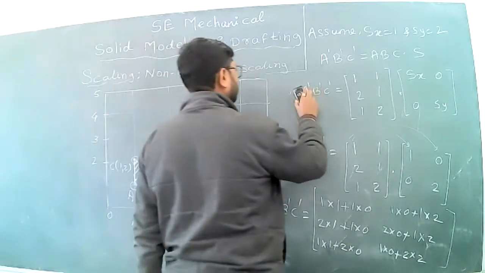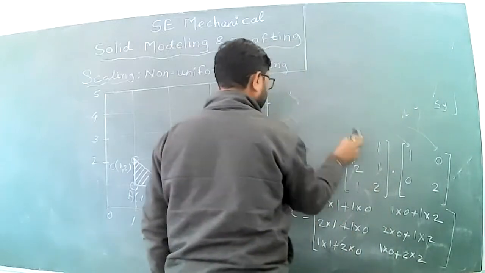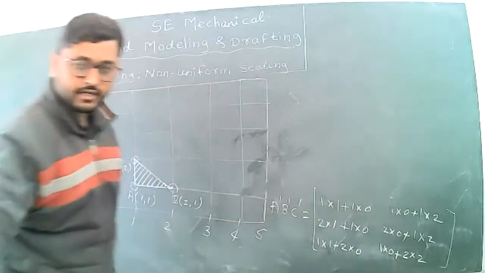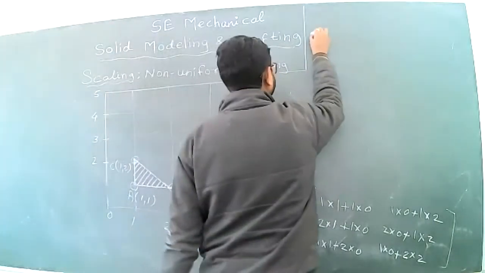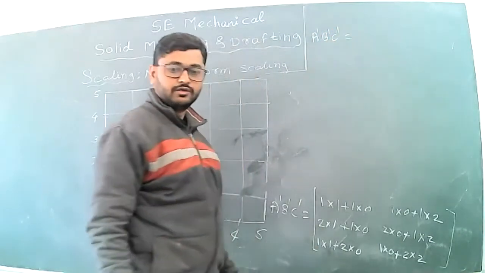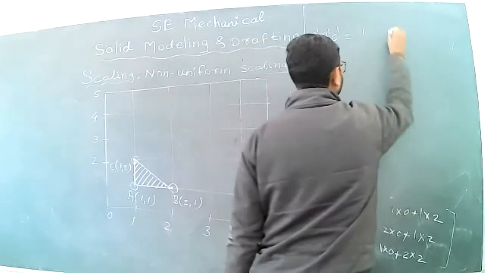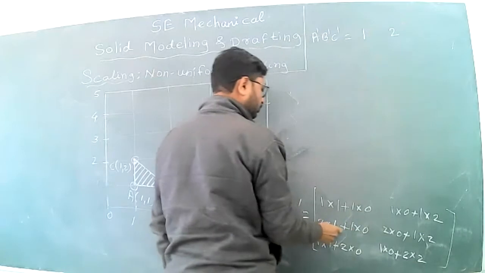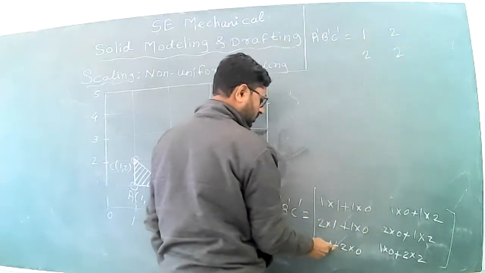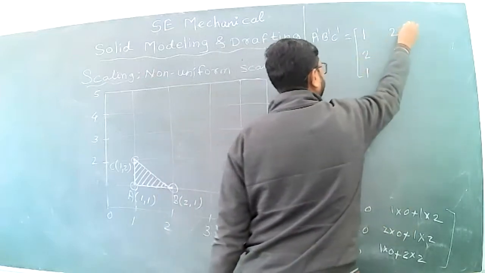Okay, so by calculation, A dash B dash C dash is equal to this: 1 into 1 becomes 1, 1 into 2 is 2, 2 into 1 is 2, 2 into 1 again 2, 1 into 1 is 1, and 2 into 2 is 4.